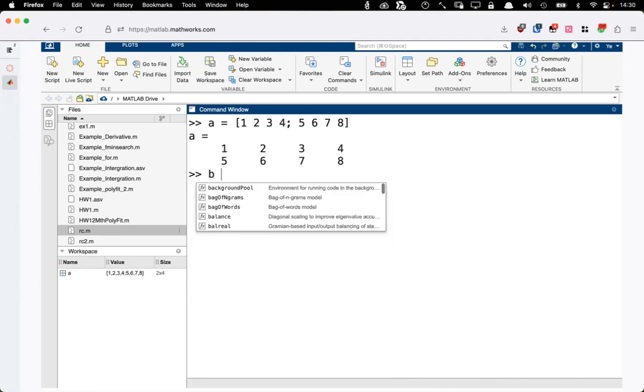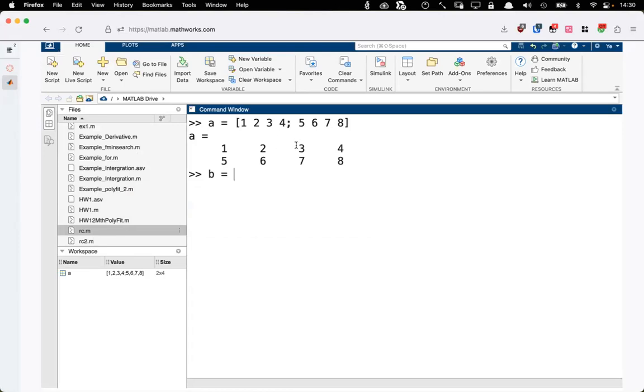For addition and subtraction, the matrices should have the same size. So we can do this: 8, 5, 3, 6, then 1, 9, 3, 7.